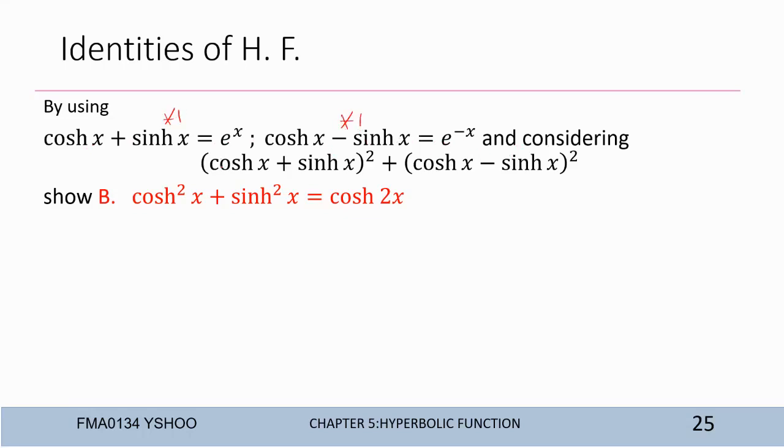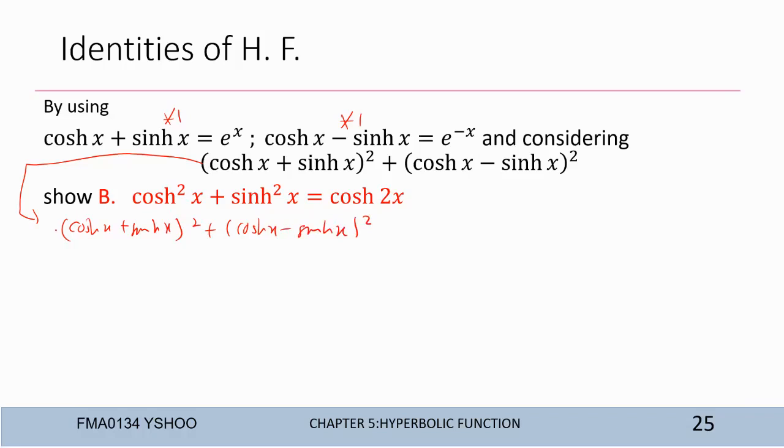They ask you to consider (cosh x plus sinh x) squared plus (cosh x minus sinh x) squared, and then show the result. Before we show this, we take (cosh x plus sinh x) squared plus (cosh x minus sinh x) squared.